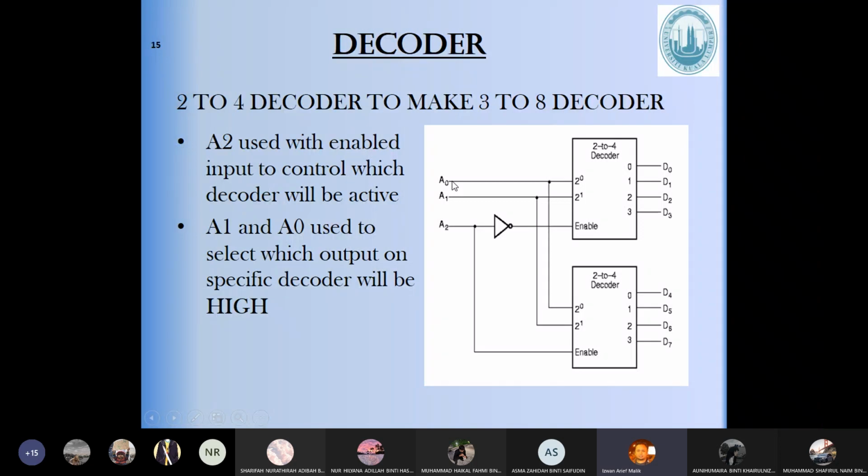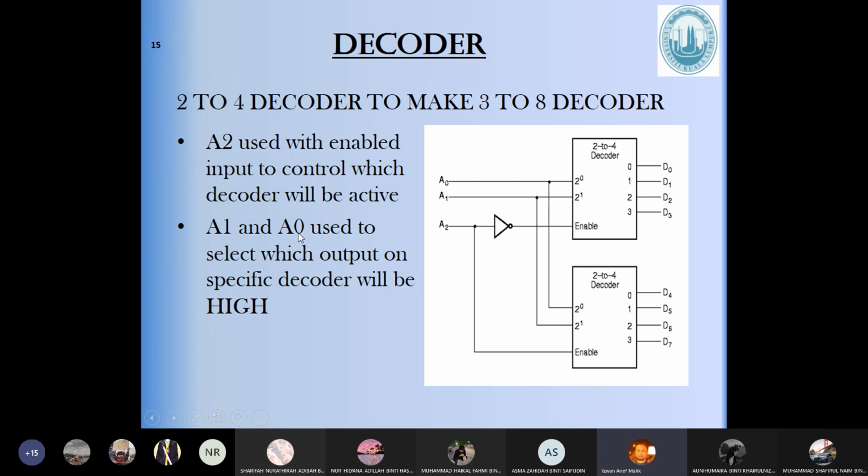So now I've listed down here the input as A0, A1 and A2, the output as D0 up until D7. So A2, which is here, is connected to the enable of both decoders, used with enable input to control which decoder will be active.